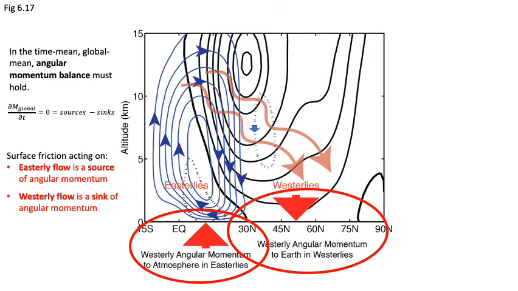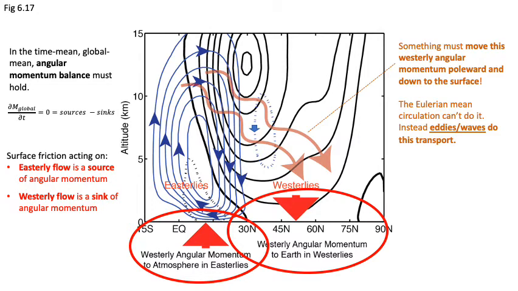Then somehow there has to be a transport of angular momentum from the vicinity of, say, the jet stream down to the surface and towards higher latitudes, where there is the ultimate sink of angular momentum. Something has to be doing that. Something has to move westerly angular momentum from the tropics at high altitude down to the surface in the extratropics. And right here, the Eulerian mean circulation can't do it.